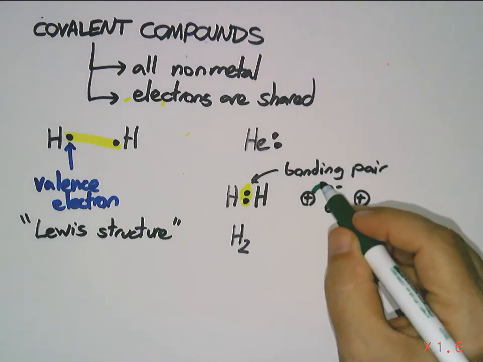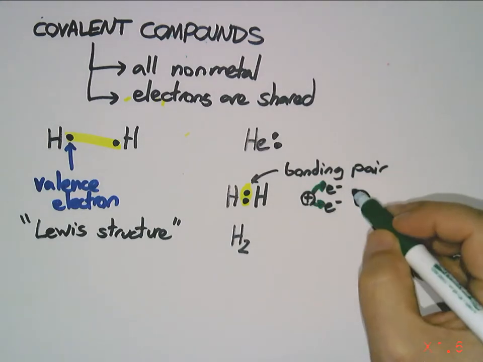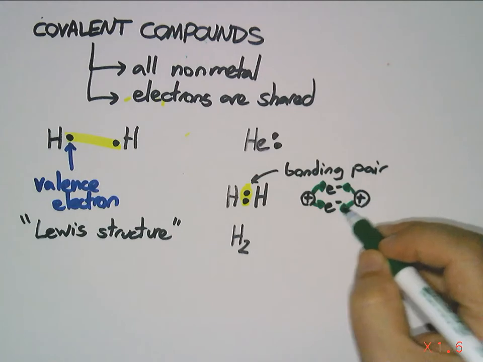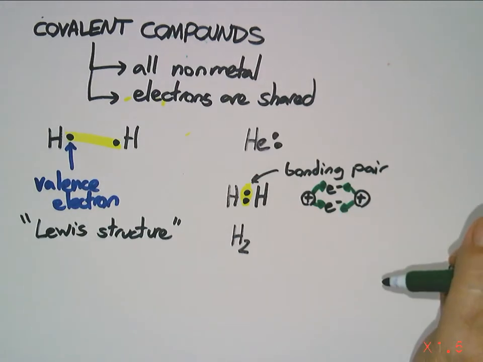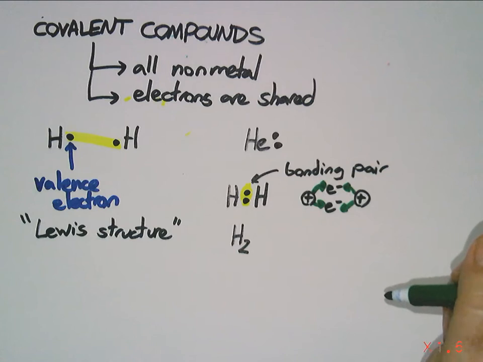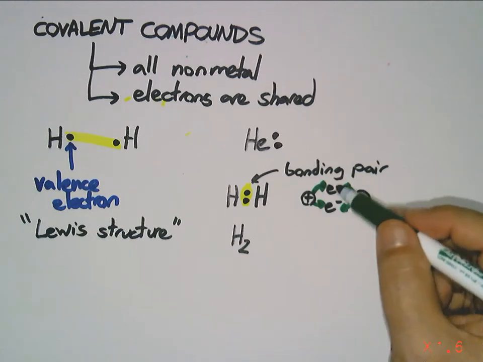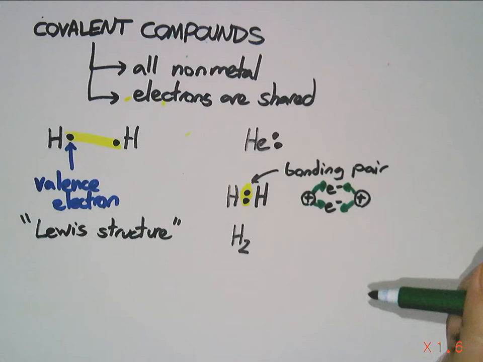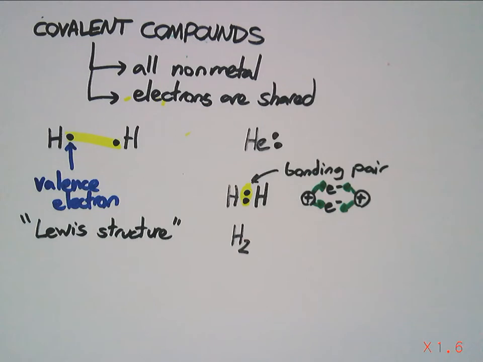Well, the positive charges are going to be attracted to the little cloud of negative charge that the bonding pair creates between them. So that pair, because it's between the 2 nuclei, holds the 2 nuclei together. And it screens them from each other so that they don't repel each other. And that's how it works.